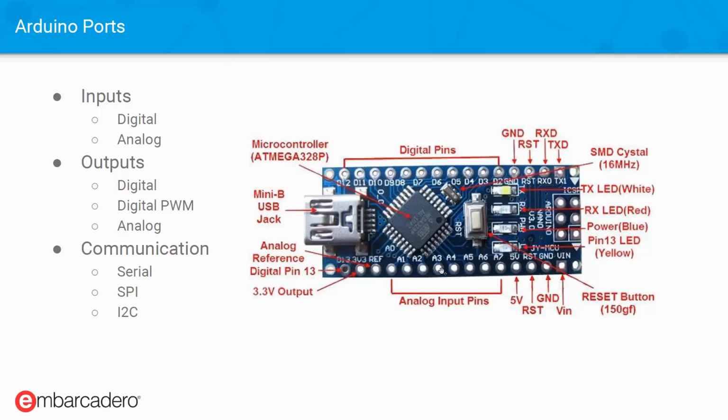The same pin can have multiple capabilities and can be programmed as input or output. In addition, there are a variety of communication pins such as serial, SPI, and I2C. Here are only shown the pins with the serial communication, but in this area here are the SPI pins, and also A4 and A5 serve as I2C pins.